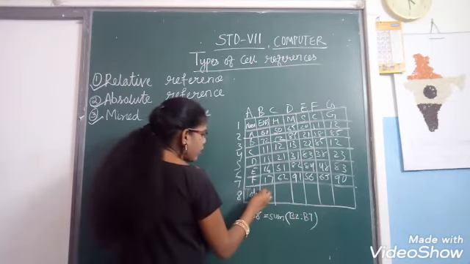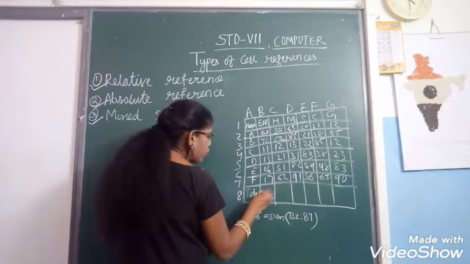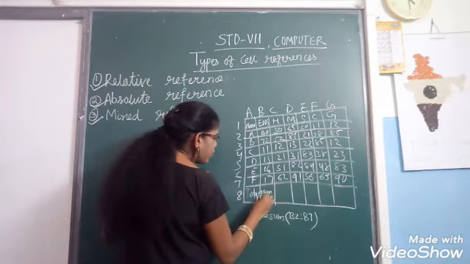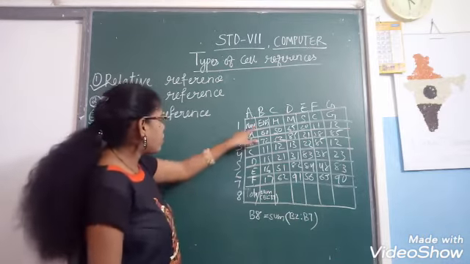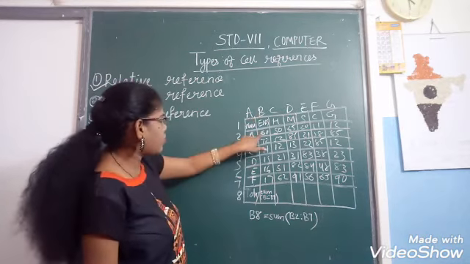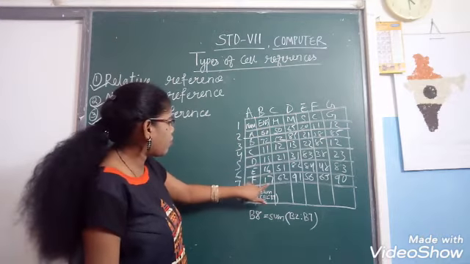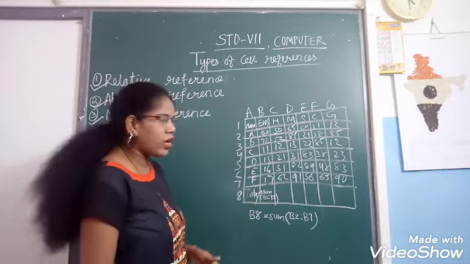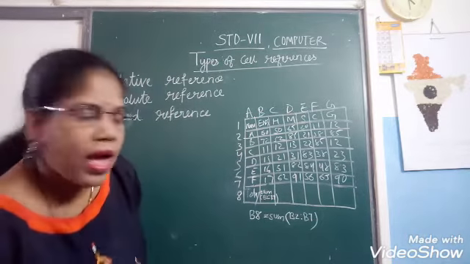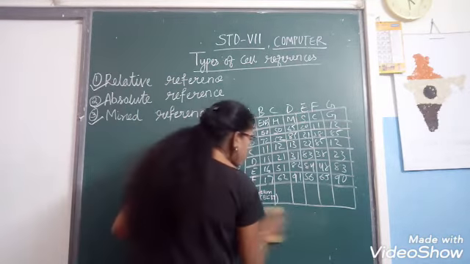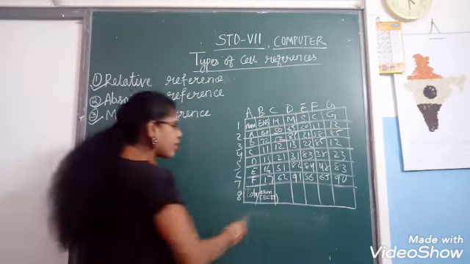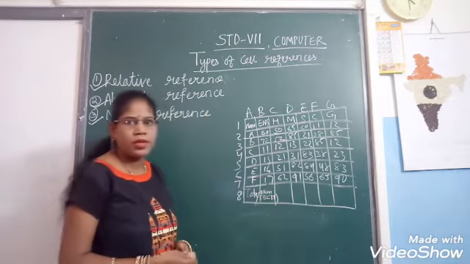So here I will write the formula equal to SUM(B2:B7), because B2 is 60 here, and it goes till B7. I put the formula here, and if I press enter, the result will be displayed here.